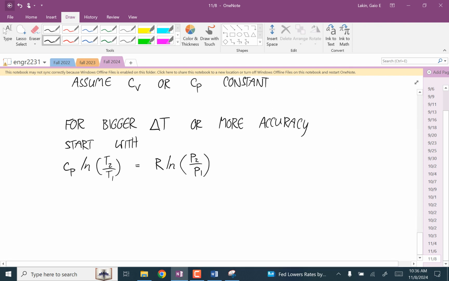And then we'll get this side, oh no, the other side alone. So we're going to go natural log of P2 over P1 is equal to Cp over R times the natural log of T2 over T1.